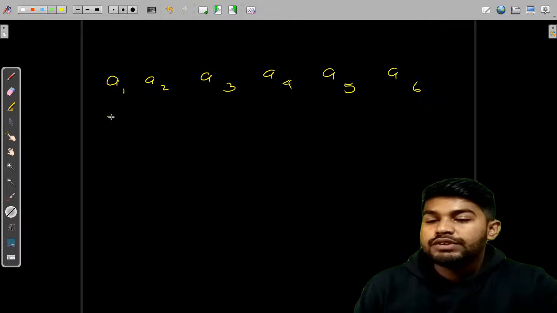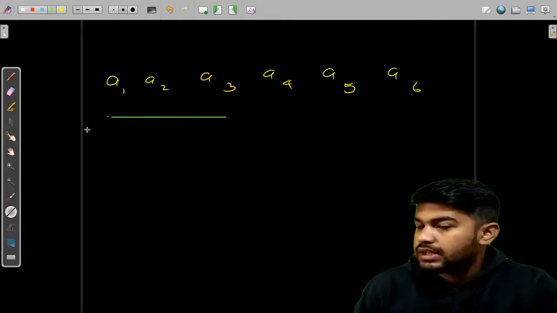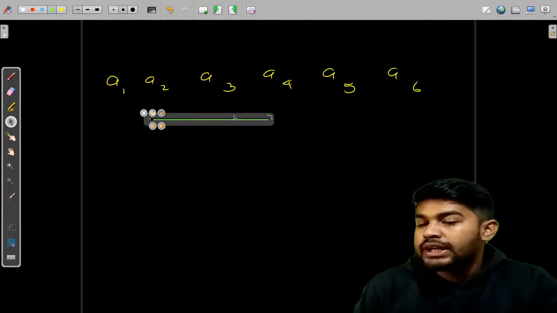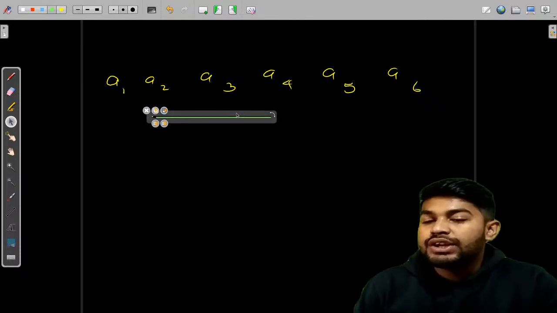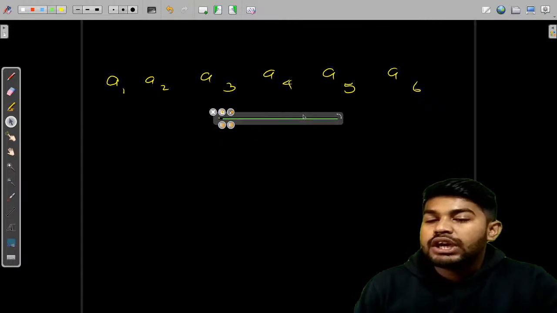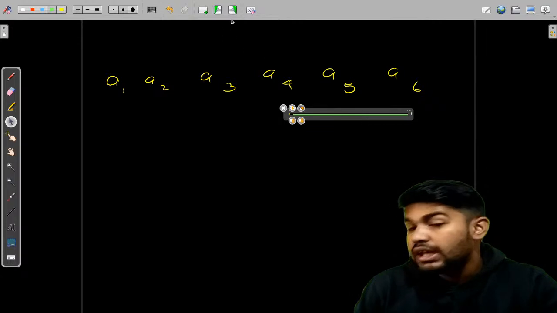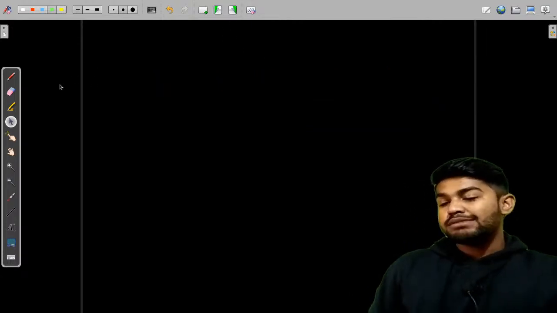Then we need the sum of a1, a2 and a3, then a2, a3 and a4, then a3, a4 and a5, then a4, a5 and a6. The same thing can be done here.